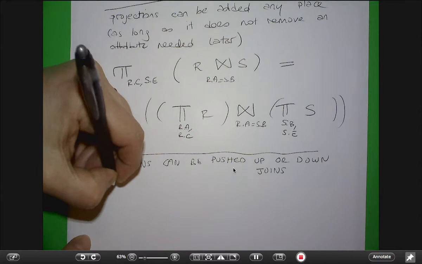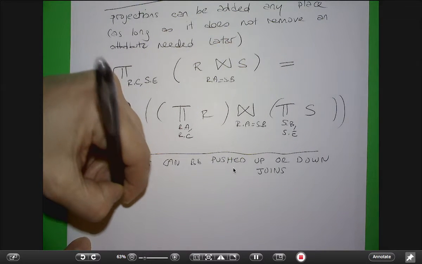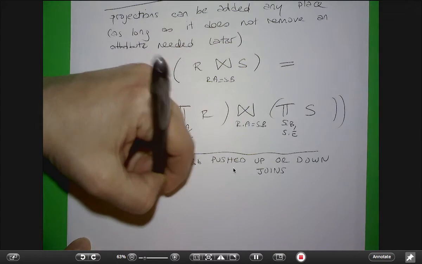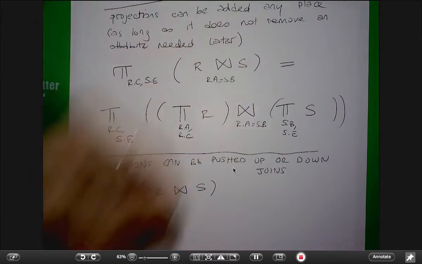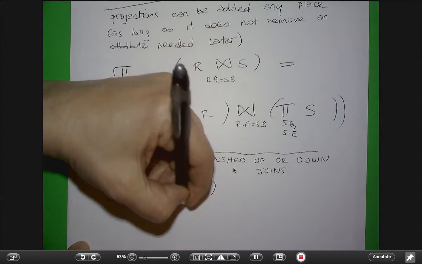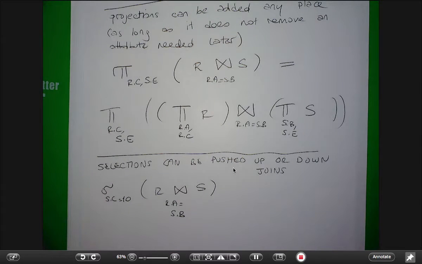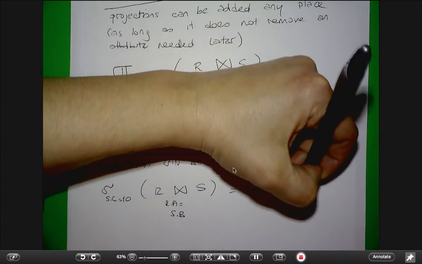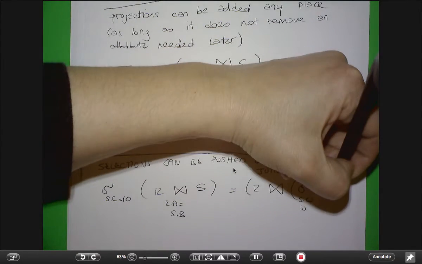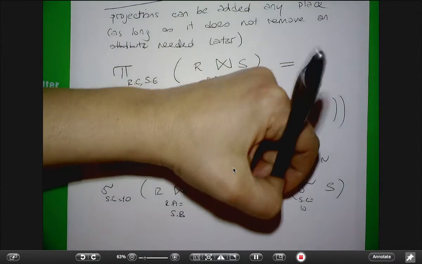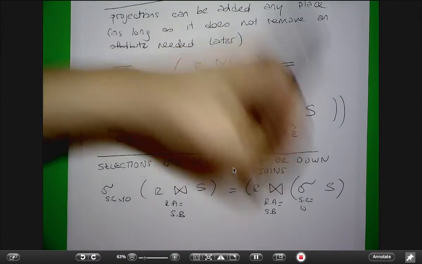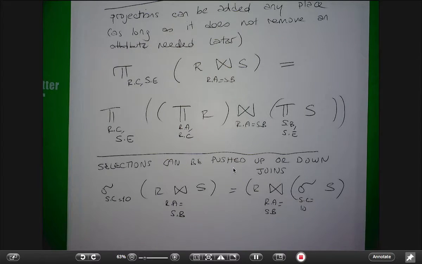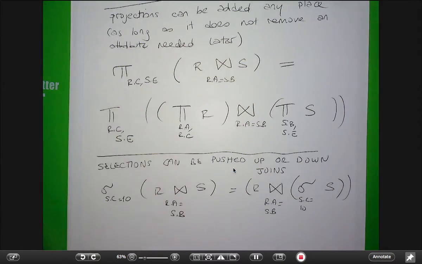So for example, if I have selection of s.c equals 10 after R join S, meaning that I join R and S first and then select on this, it is exactly the same result as first selecting s.c equals 10 from S, then doing the join, right?